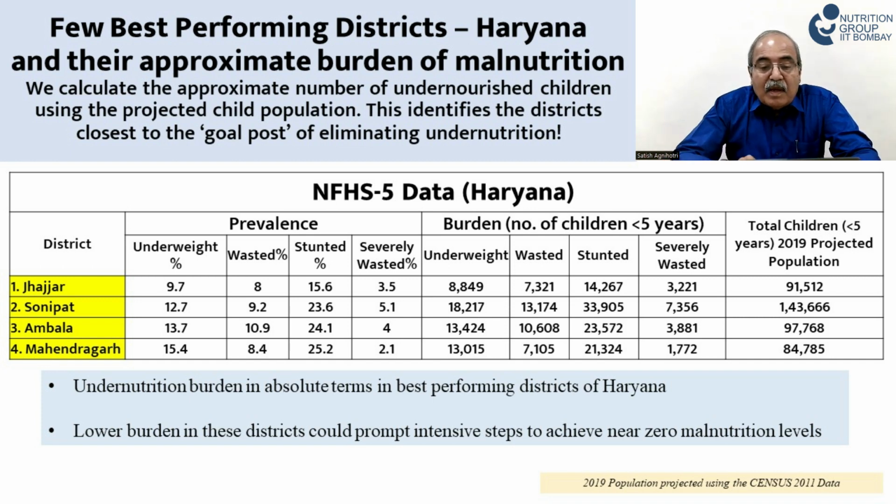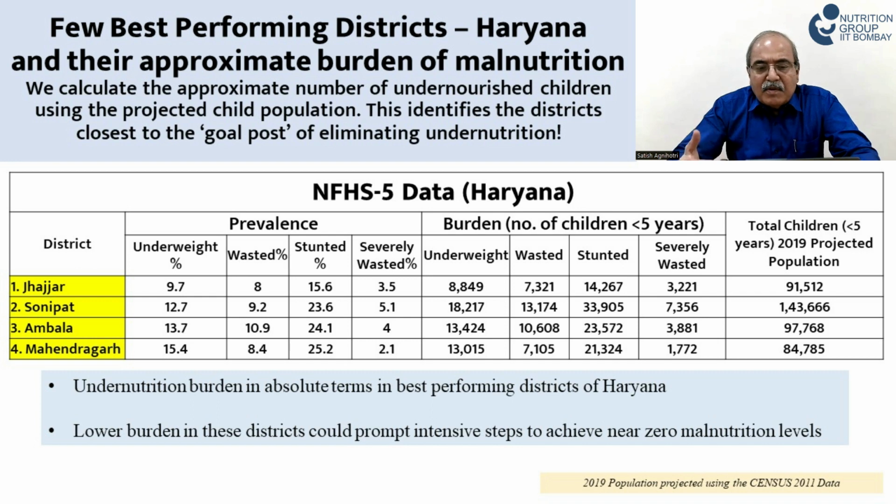And the numbers are there for everyone to see. But what is interesting is that if a district is told that there are just about 3,000 children who are severely wasted, or in the case of Mahendragarh, just 1,700 or so, because of the small size of the district, quite often the district feels, hey, this is within our reach.